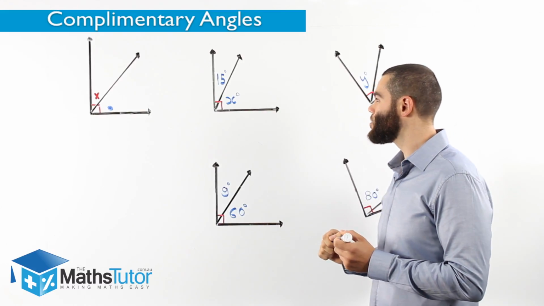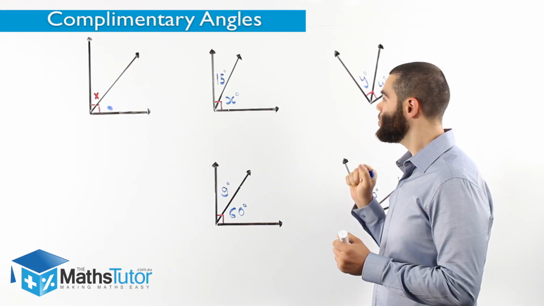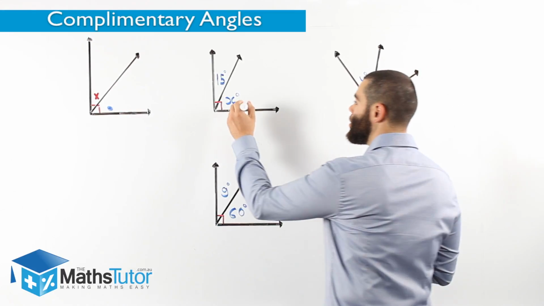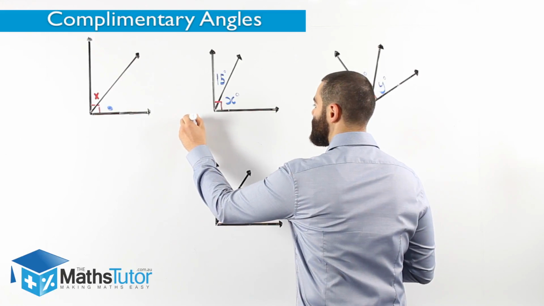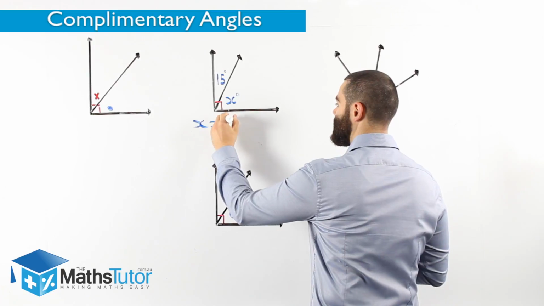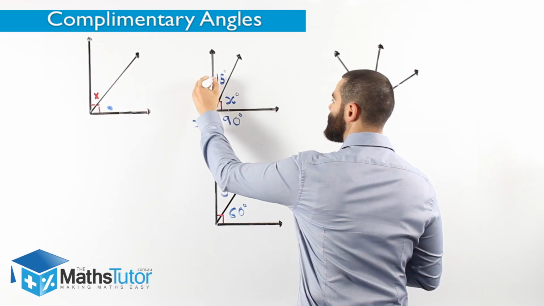We have a right angle here and we're basically looking for x. We know that the right angle is 90 degrees, so we want to work out x. We say 90 degrees is the total from here all the way to there.